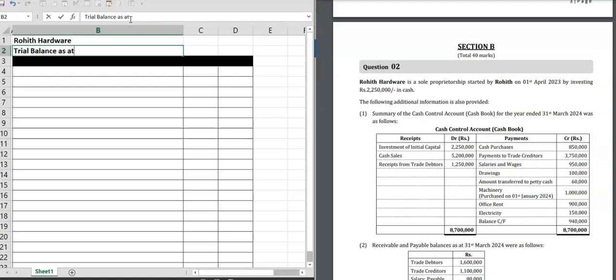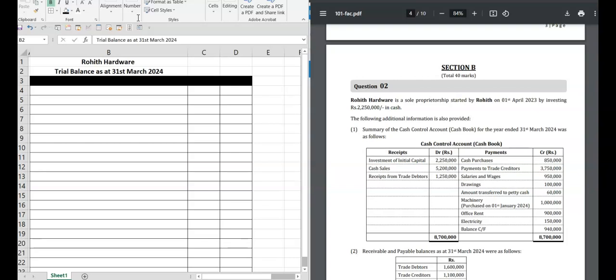So let's name this trial balance as Rohit Hardware, his company name, and after that, trial balance as at 31st March 2024. So we have to prepare this trial balance on this date.